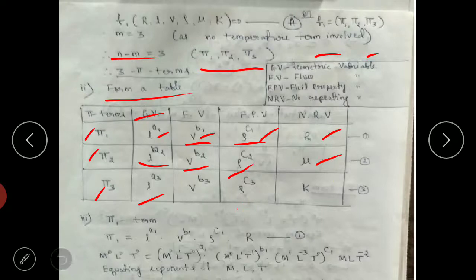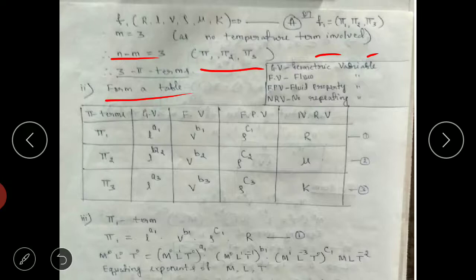Imagine that there is an equal to sign, and just write down the equation like this. So that is equation number 1, which is written here. Then express all the variables in MLT form, which we have already discussed. Then equate the powers of MLT. Once you equate them and solve, we get the values of a1, b1 and c1.